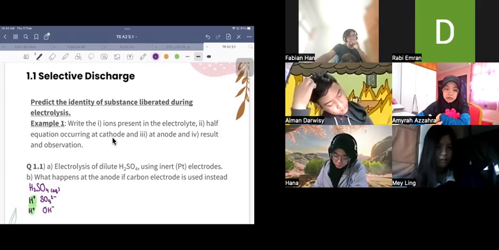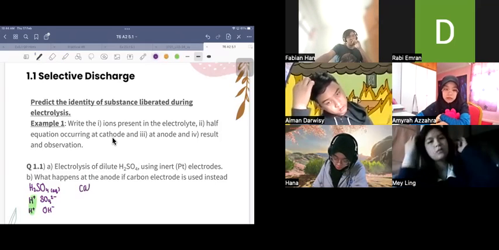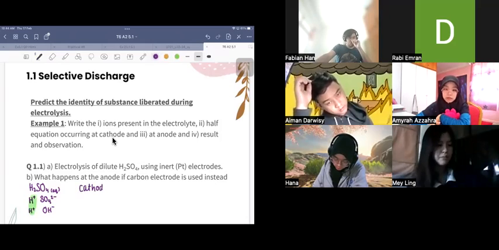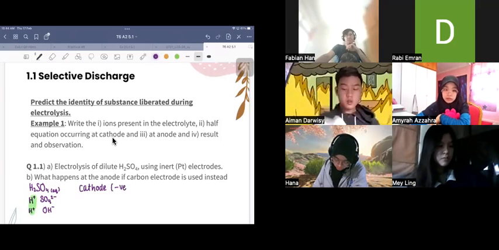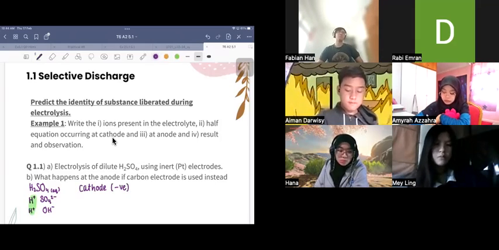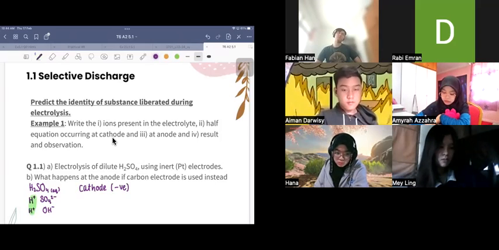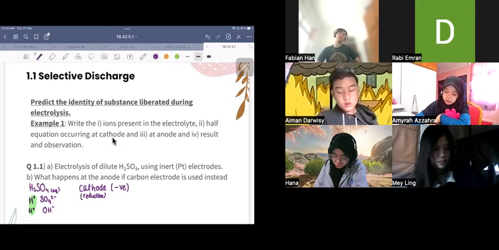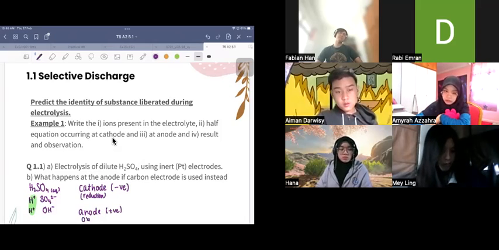Okay, so what happens at cathode, which is your negative terminal, and I think you still remember red cat. That means at cathode, reduction occurs. And at anode, which is your positive terminal, oxidation occurs.